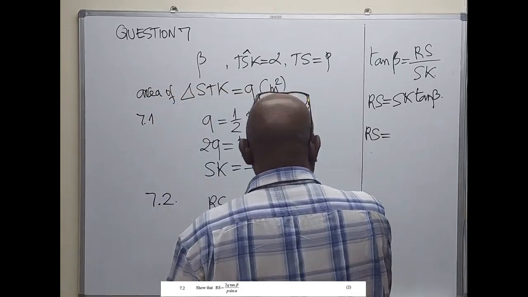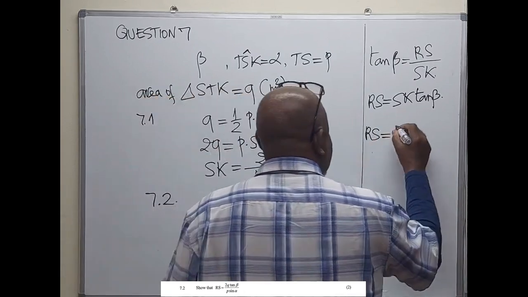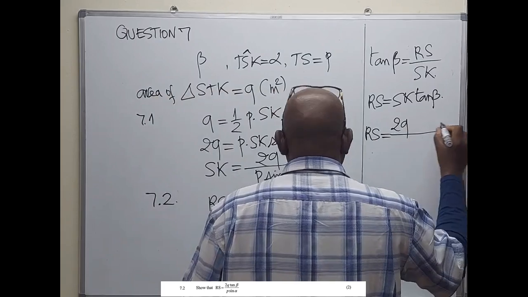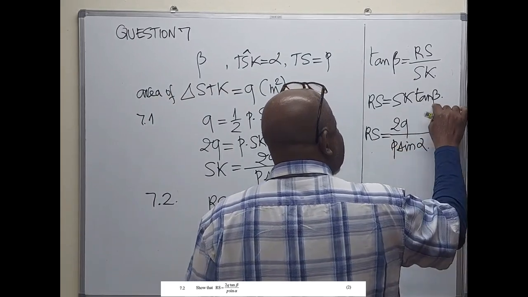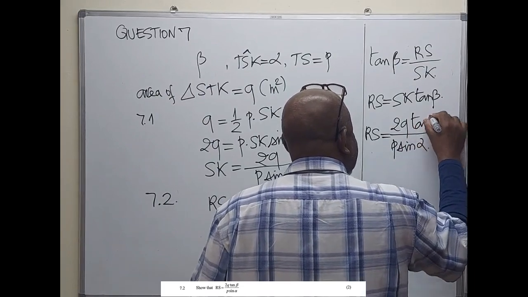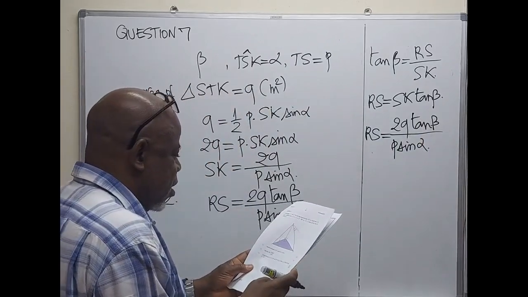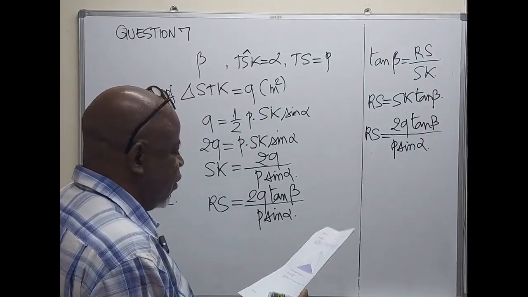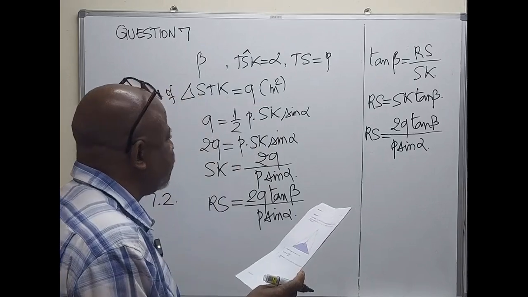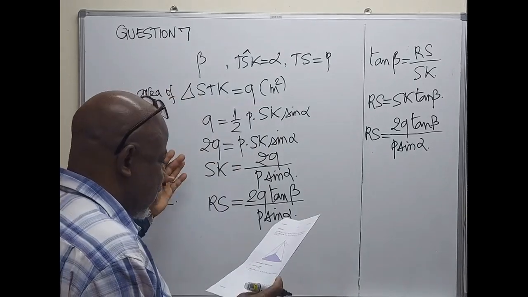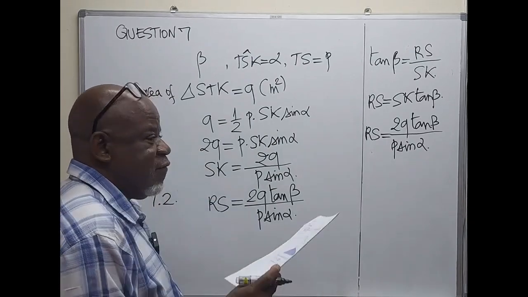So RS will be equal to SK, here is our SK, 2Q over P sine alpha multiplied by tangent beta. And then we are done. We have shown that RS is equal to 2Q tangent beta over P sine alpha. I'm just going to clean the board, and then we will take the last question covering question 7.